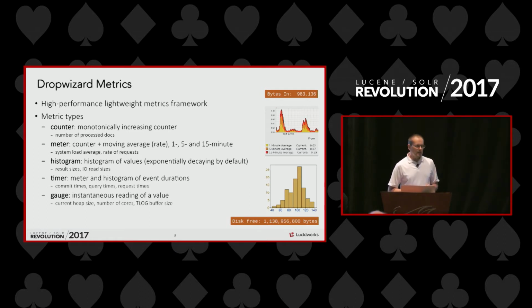Another type of metric that is supported is a timer. Timer is, again, a combination, so you see that it gradually builds upon the other types of metrics, a combination of meter and histogram. So meter provides a counter and moving averages, and histogram is what I just described.